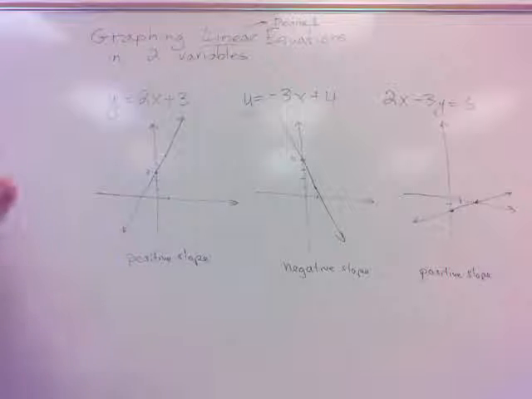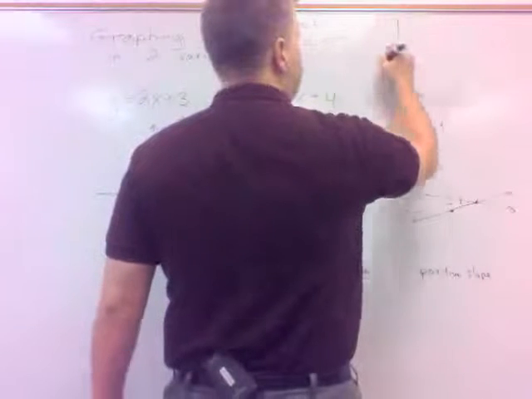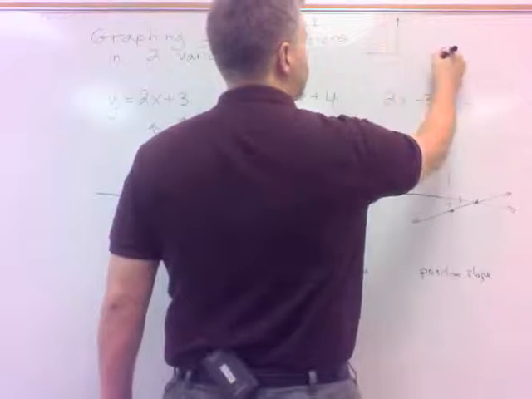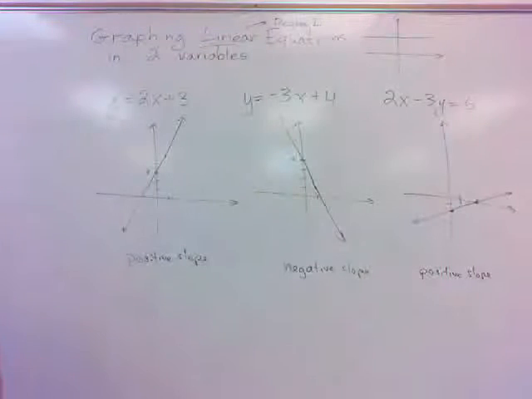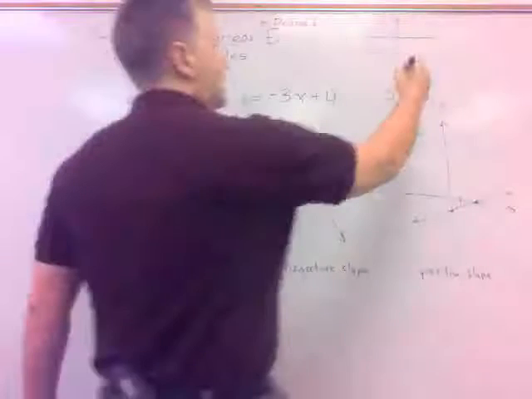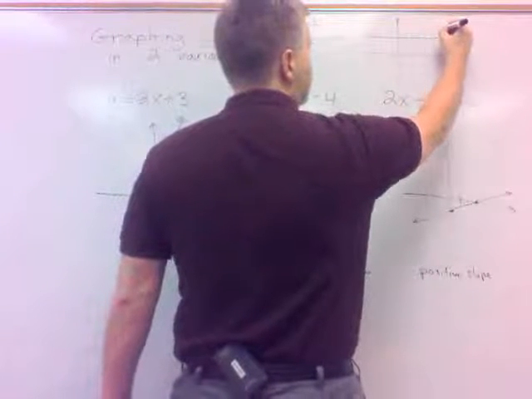Now, let me also mention that there are two other types besides positive and negative slope. We could have a line straight, flat across. This is your x, this is your y, and you have a straight across, horizontal line. That slope turns out to be 0.